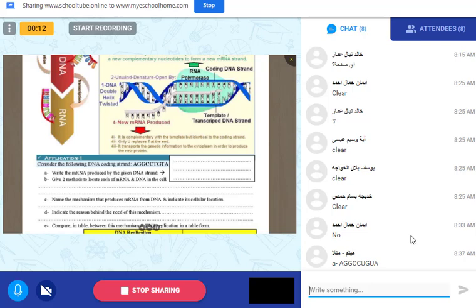Part B. Who can give me two methods to locate DNA and RNA in the cell?